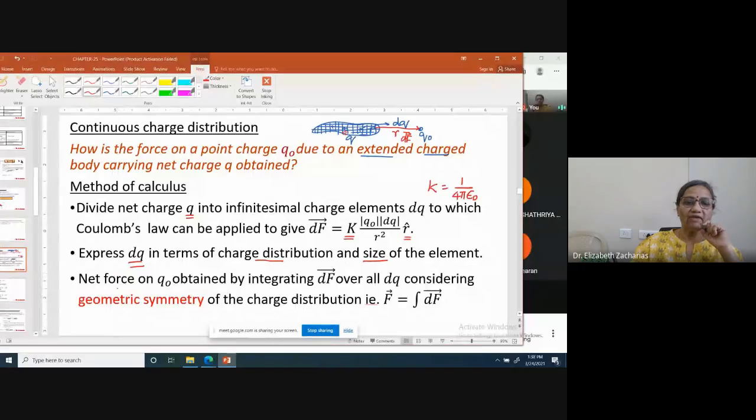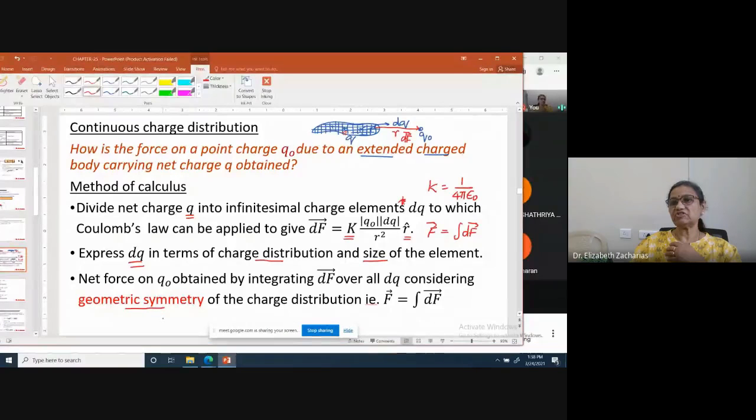Next, I have to get the net charge. For that, I will write that my F is simply the integral of df. I get df for each element and then integrate it. And when I do the integration, I should look for geometric symmetry.